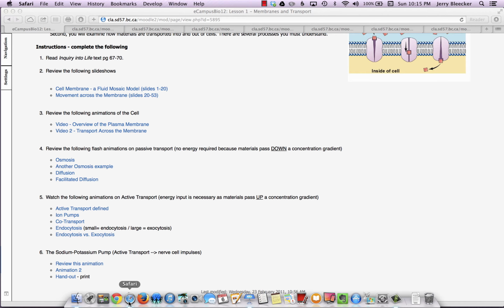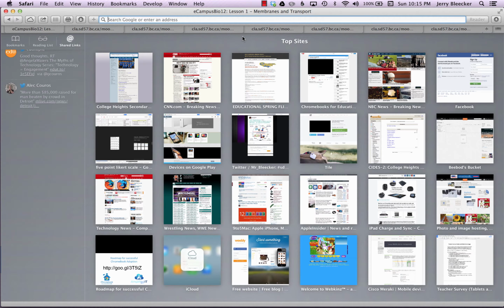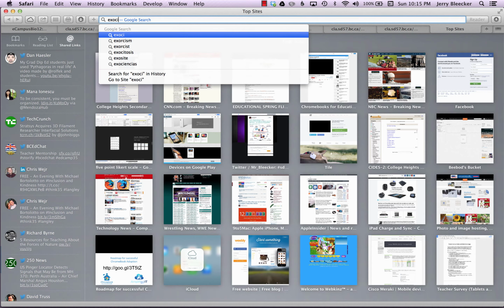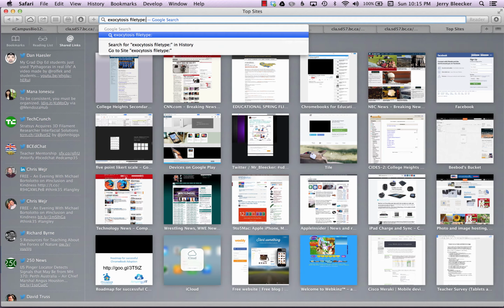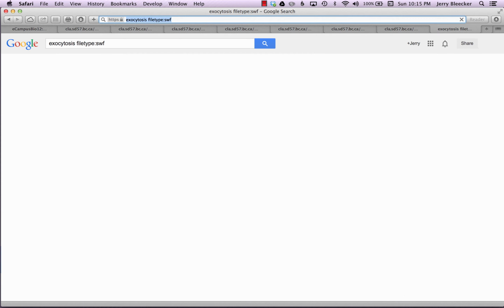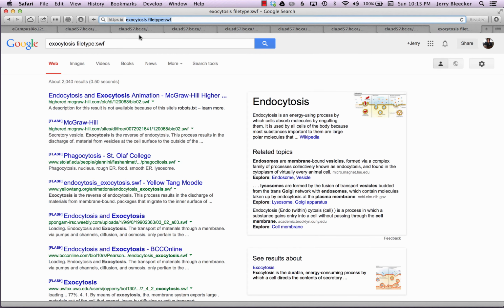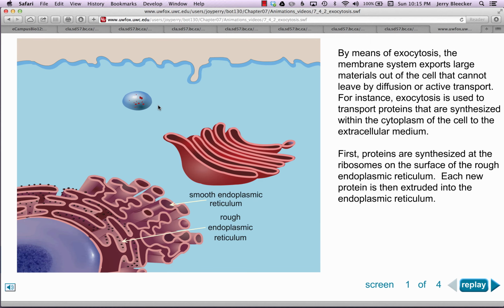So let's see here what we've got. There's a couple here that I've looked at in the past. So if the cell produced something, for example, protein in the endoplasmic reticulum, let's just say maybe the cell produced a hormone, it needs to more or less send it out.